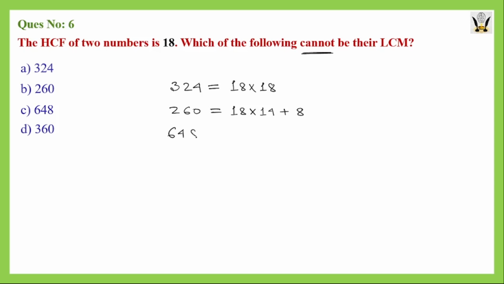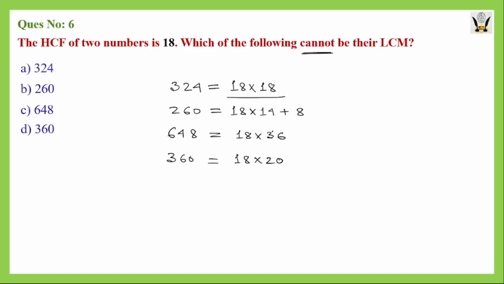Then 648, that also is a multiple of 18, and that can be represented as 18 multiplied by 36. And the last option 360, so it will be 18 multiplied by 20.